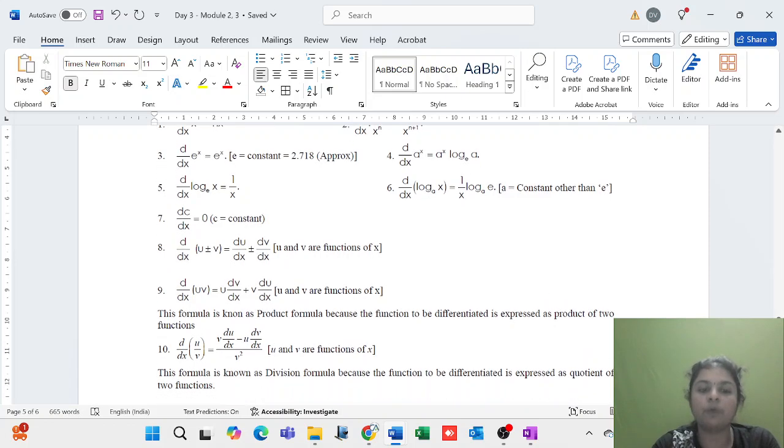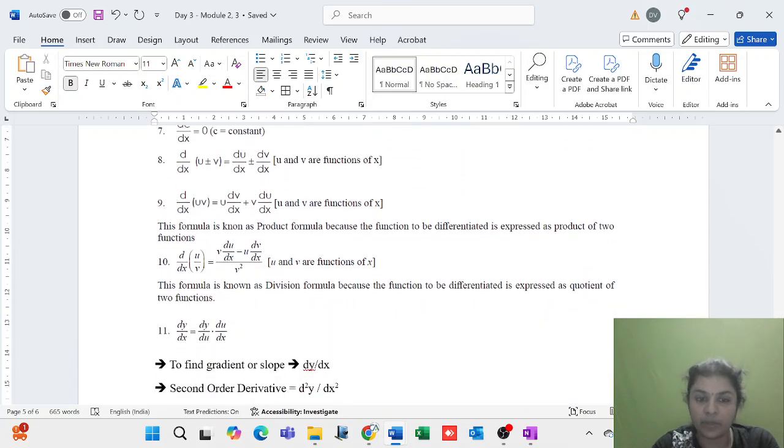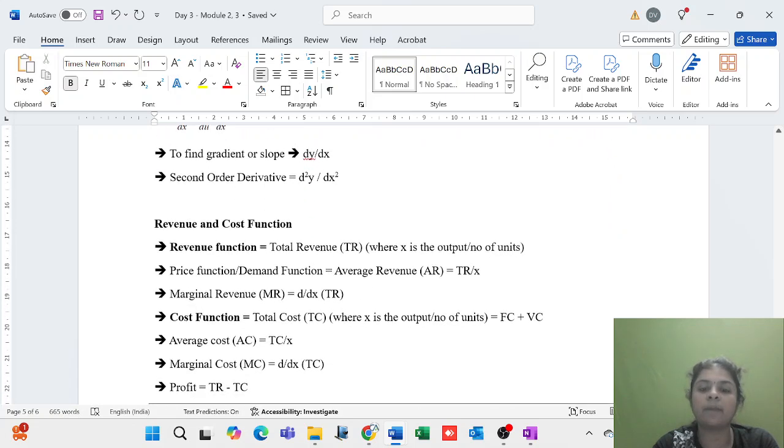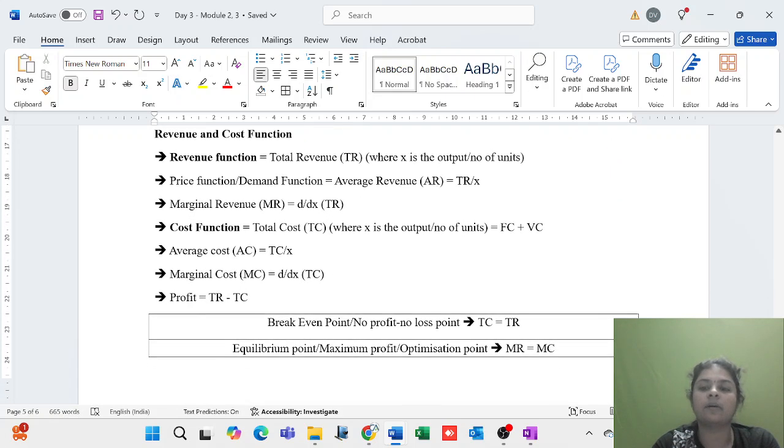Now I am going to discuss the most important functions. This is where your major questioning area can be, the revenue and cost functions. So what do we mean by revenue function? Revenue function is an equation which represents the total revenue in terms of x or q.